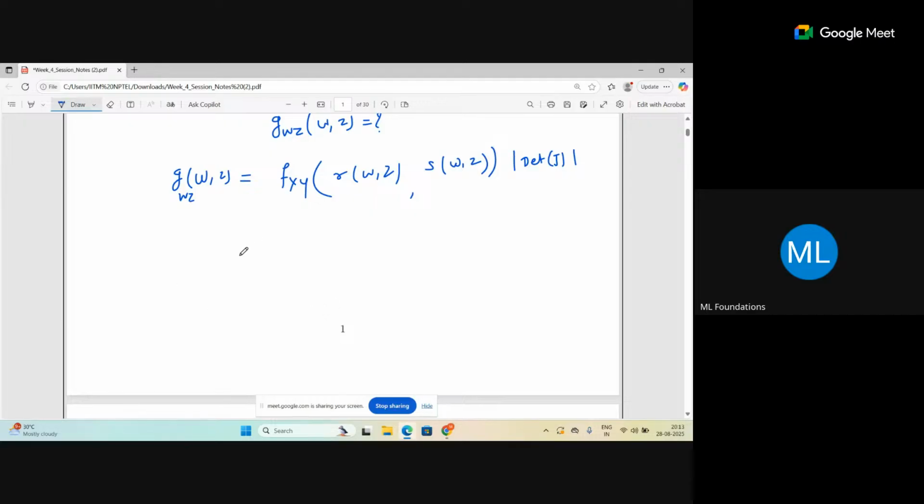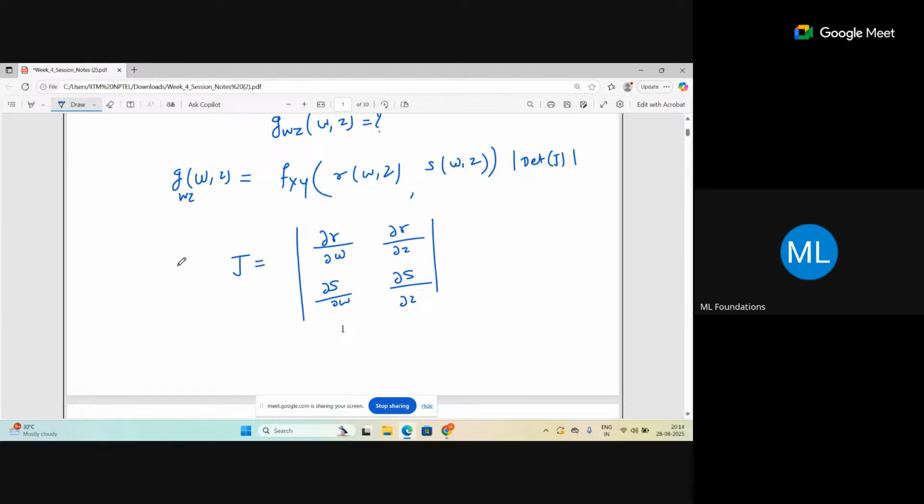What is this Jacobian? The Jacobian is basically a matrix of partial derivatives: partial derivative of r with respect to w, partial derivative of r with respect to z, and here partial derivative of s with respect to w, and partial derivative of s with respect to z.